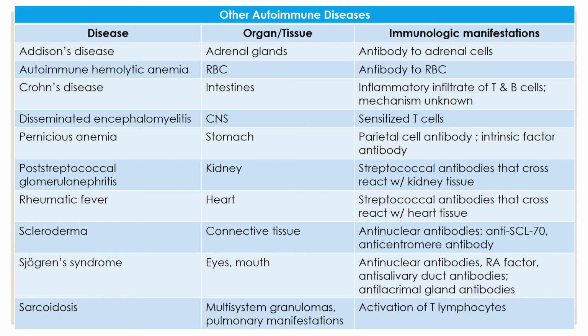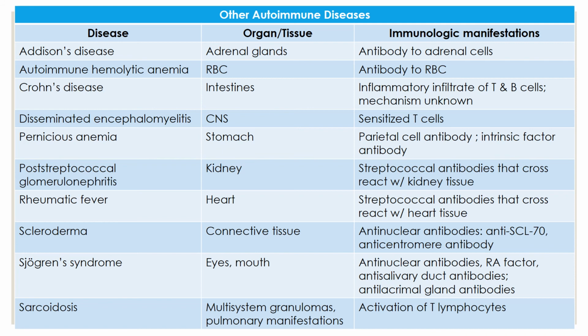So in this case, what I'm giving you is the disease, okay, the organ or the tissue that's affected, and then immunologically, what is the issue? So you can see as you go across Addison's disease, the immune response is directed against the adrenal glands because you actually have an antibody against adrenal cells.